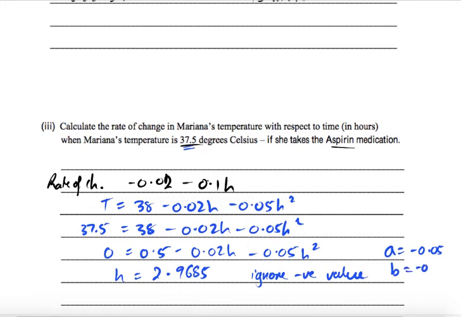B equals negative 0.02 and C equals 0.5. Put those in to get that. Now we have to put that in terms of minutes. Do we calculate the rate of change with respect to time in hours? So that's 2.9685 hours. I suppose that's all right. But if you wanted to change that to minutes, multiply 0.9685 by 60 minutes, and that will give you 58 minutes. So it's almost 3 hours would be the time.